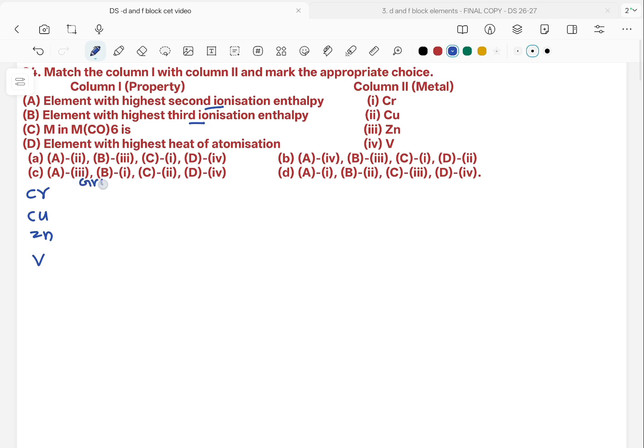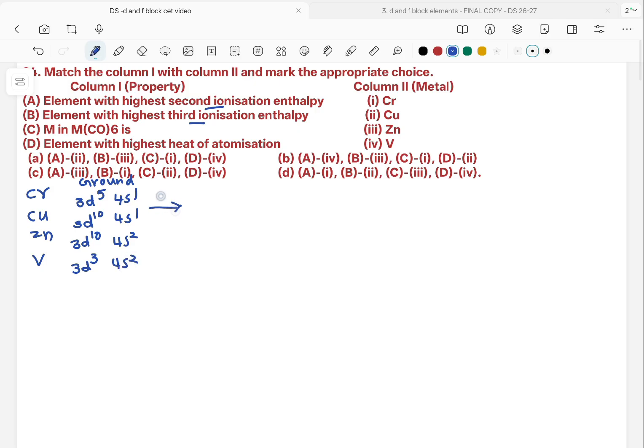They have ground state configurations like chromium 3d5 4s1, copper 3d10 4s1, zinc 3d10 4s2, vanadium 3d3 4s2 in their ground state.